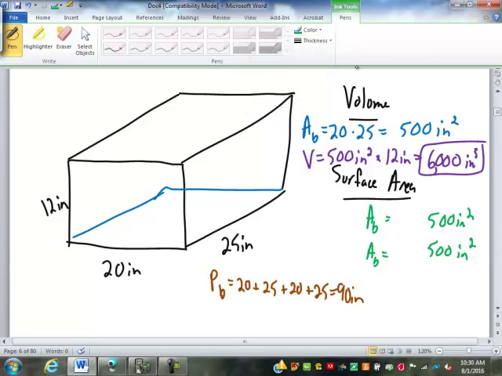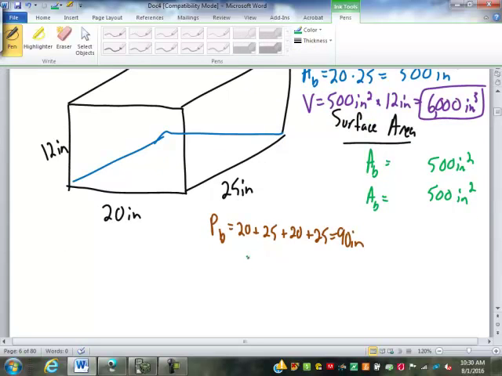So my lateral area is the area of all those sides that connect the base, which is that perimeter of the base, 90 inches, times the height of 12 inches, which is what? 1,080 inches squared.